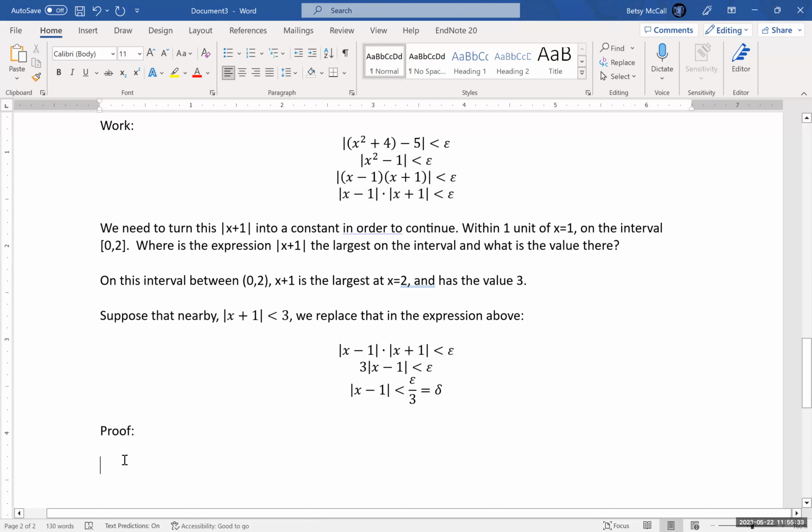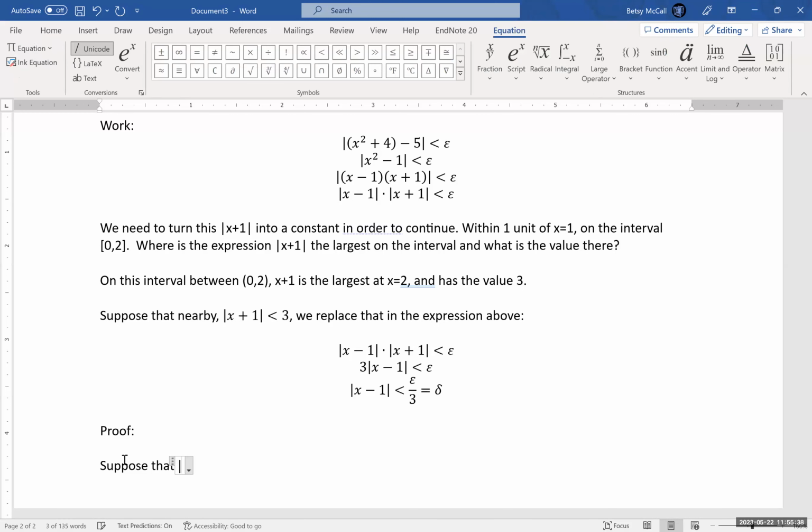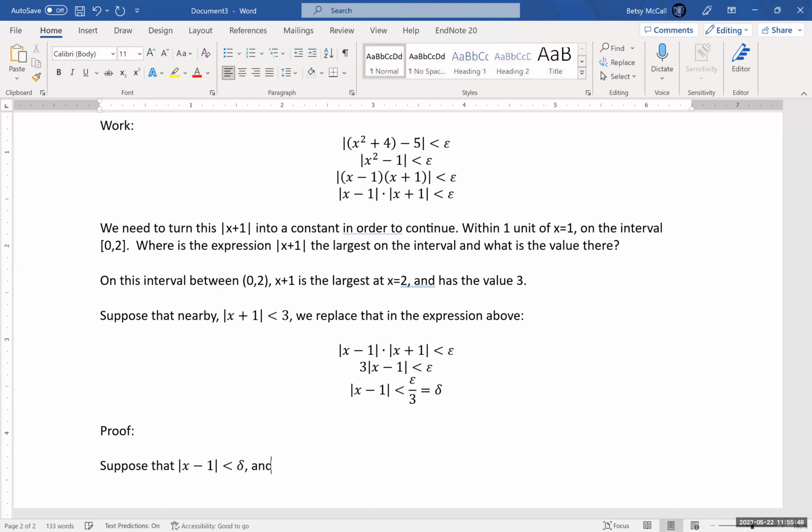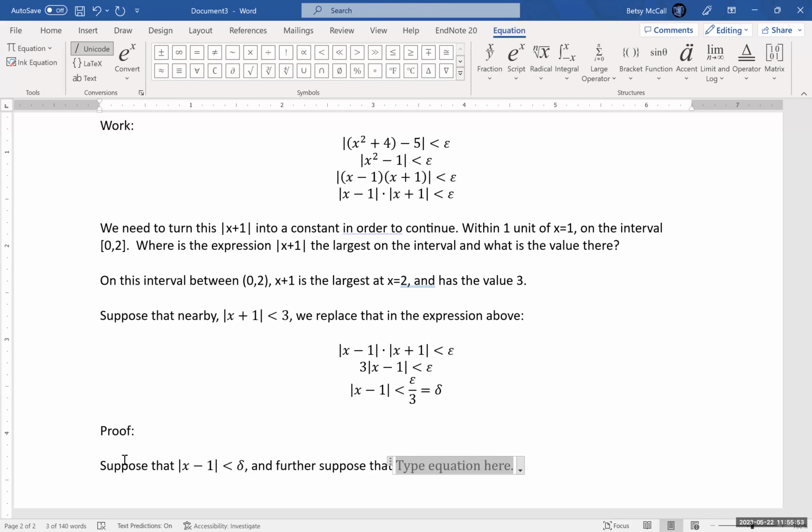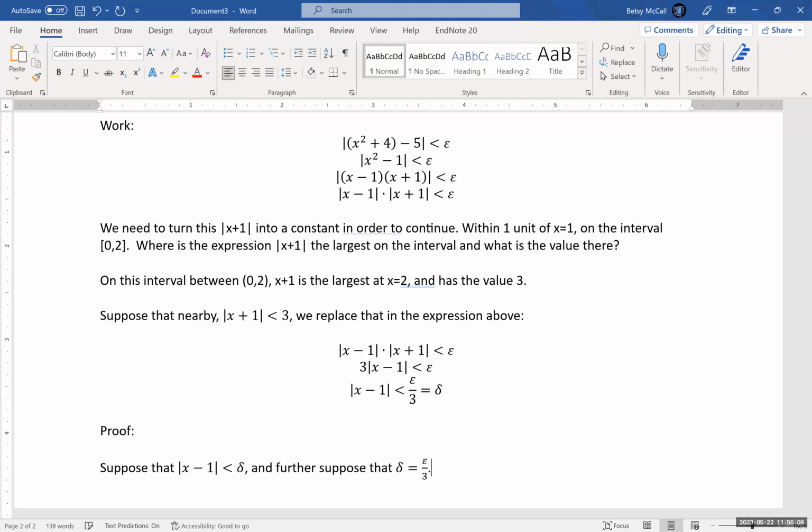All right, now the if-then statement. So we say, suppose that absolute value of x minus 1 is less than delta, which is some small number. And further, suppose that delta is equal to epsilon over 3.